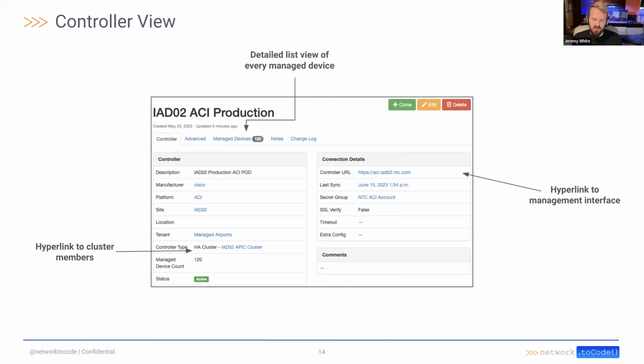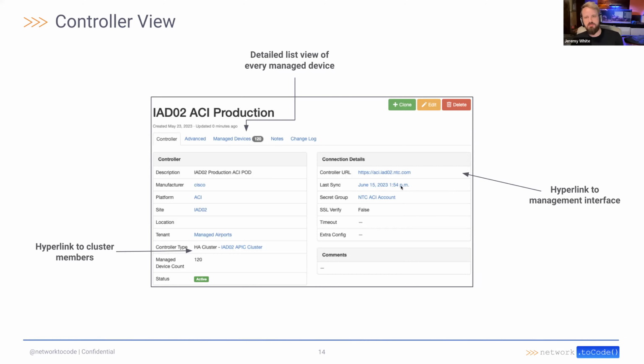So we are providing Nautobot the URL that it needs to auth with, and we are providing Nautobot the specific credentials that it would need to auth with inside of any job. So as we're writing automation, if we're leveraging Nautobot, we are natively providing it exactly where to go to log in and what credentials to log in with. And then some other normal information that you would see for any type of API interactions. Now, the one thing that you may see here is this last sync attribute.